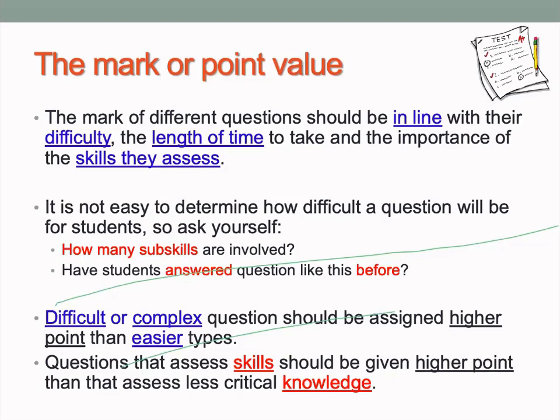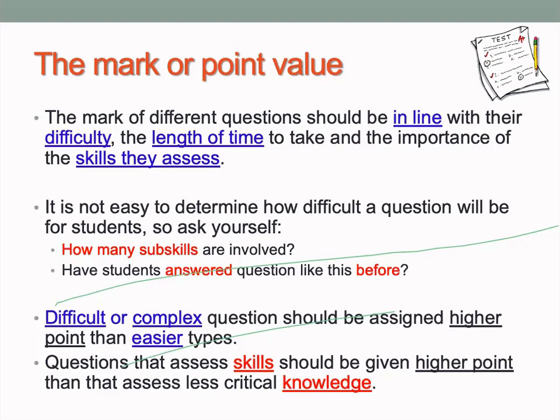But actually it's not easy to determine how difficult a question is, especially as the instructor, because we feel all the questions are easy. To us it's easy, but to students of course maybe not. So the guide is to ask yourself how many sub skills are involved in your question, and whether students have answered a question like this before.